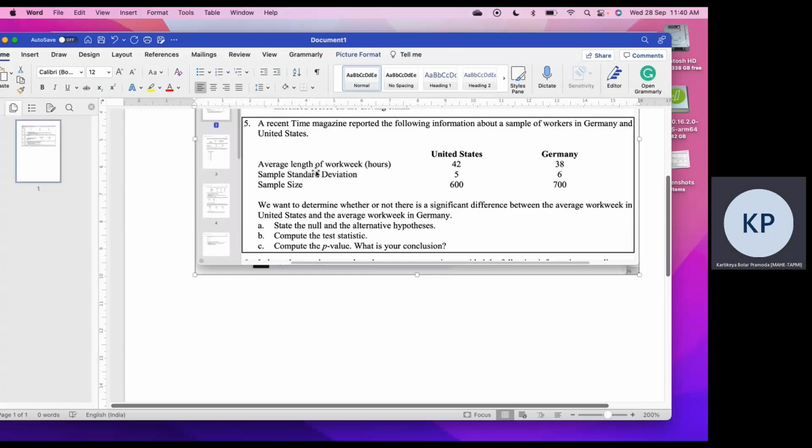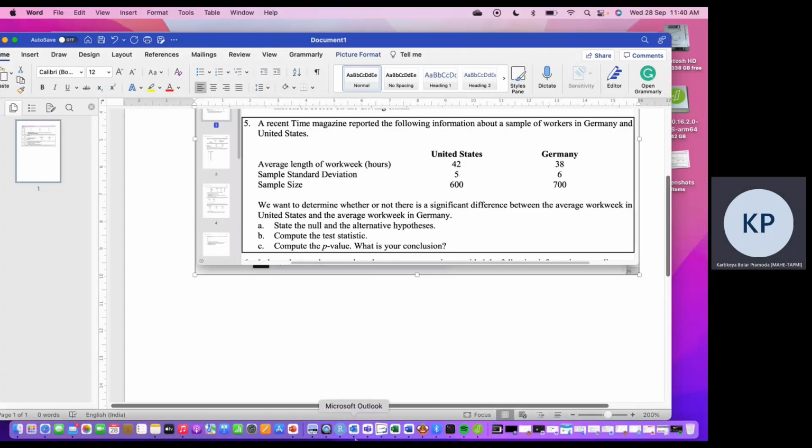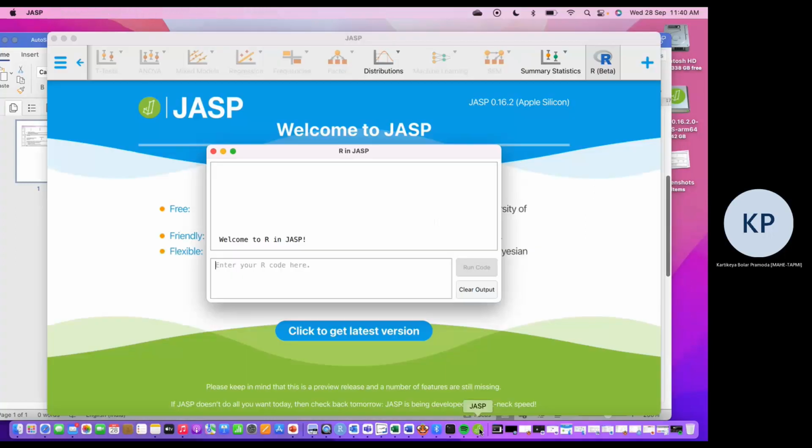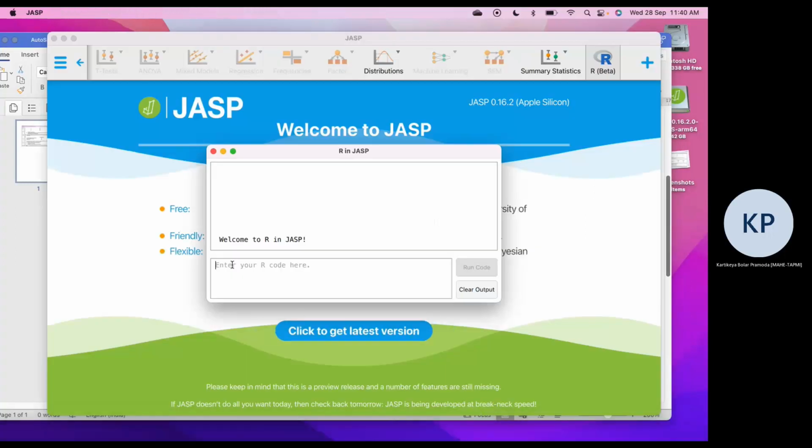The average length and sample standard deviation, just make note of this for US: 42, 5, and 600. So you can type out here, work week US.